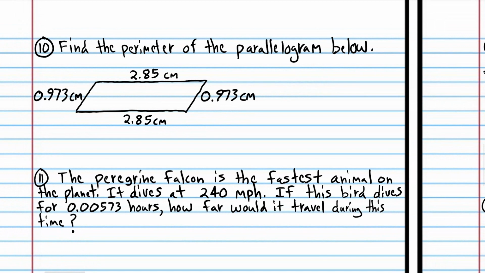Anyway, so we just have to add all these numbers. But notice that these numbers are decimals. So we learned in the operations on decimals class, or the first operation on decimals class, that when you add or subtract decimals, you always have to line up the decimals. So 2.85, I got to line up the decimal again. And then we have 0.973.